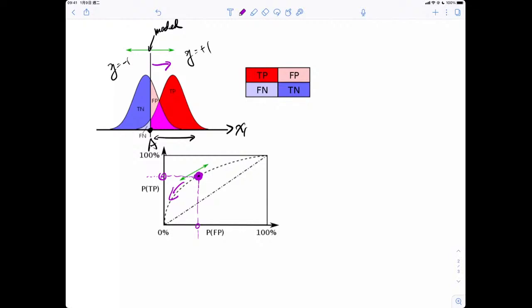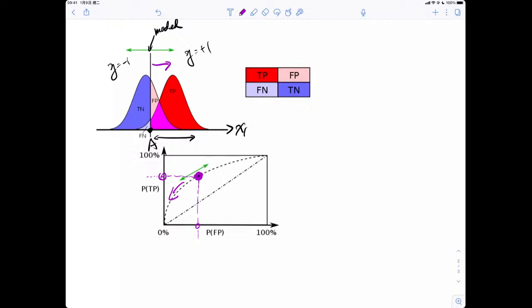Your true negative becomes larger, which means your false positive becomes smaller. So if you move your model line from a to the right hand side, on the ROC curve your data point goes to the left bottom direction.